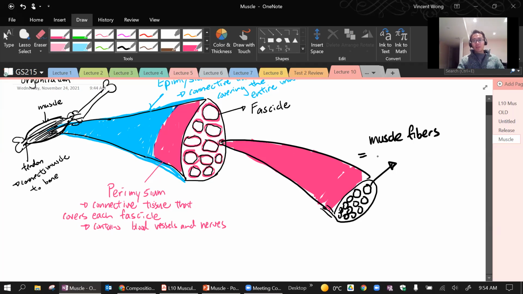One muscle fiber is equivalent to one muscle cell. So what is a fascicle then? A fascicle is a bundle of muscle fibers.